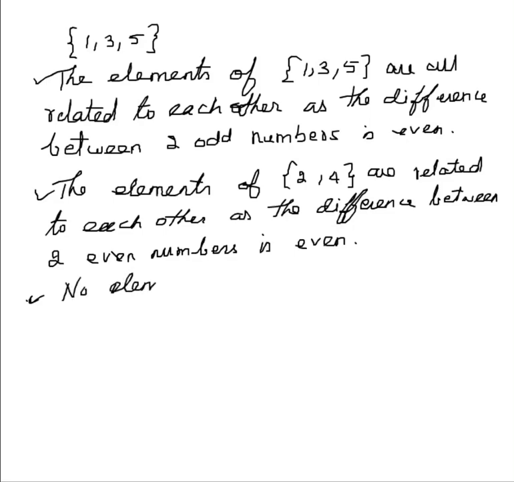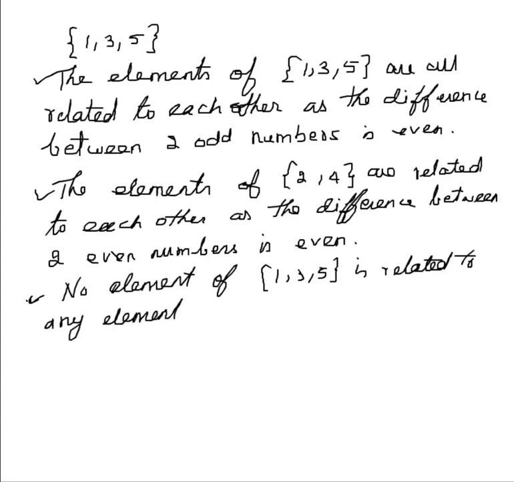No element of the set {1, 3, 5} is related to any element of the set {2, 4}, because if you take an element from this set and another element from this set, for example, this is an odd number, this is an even number, the difference will be an odd number.